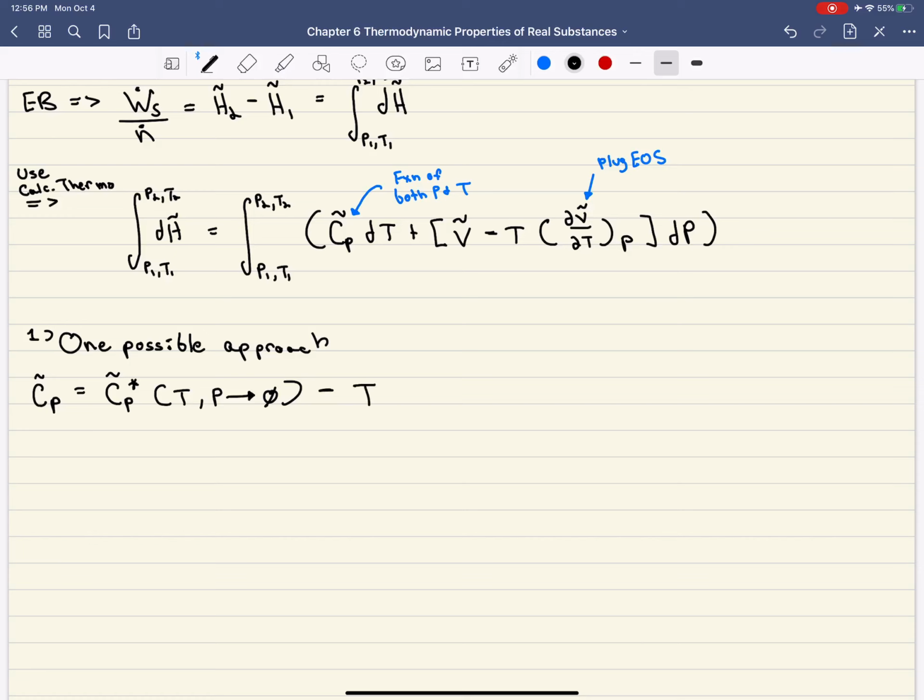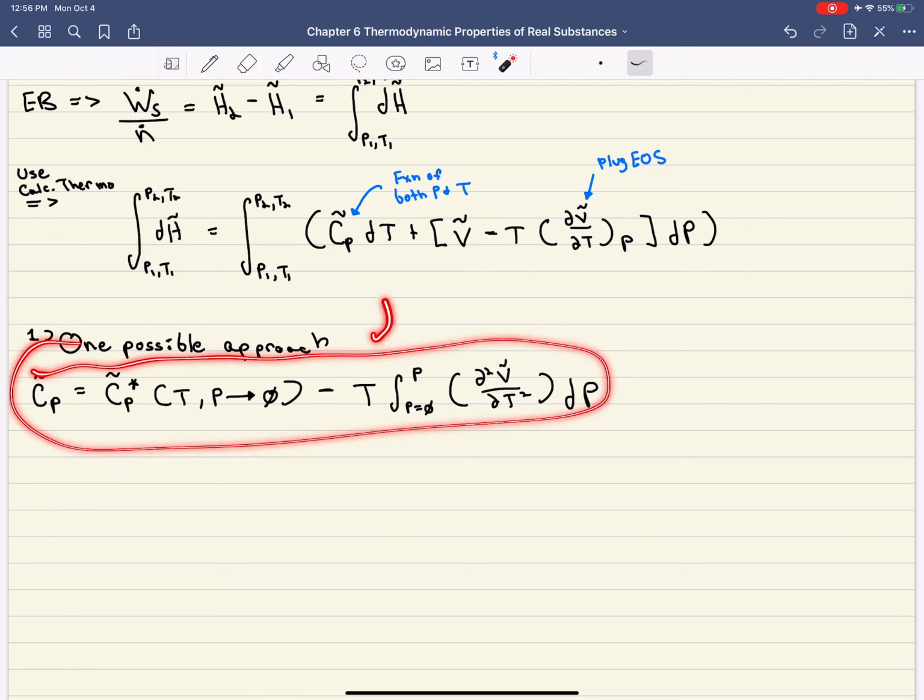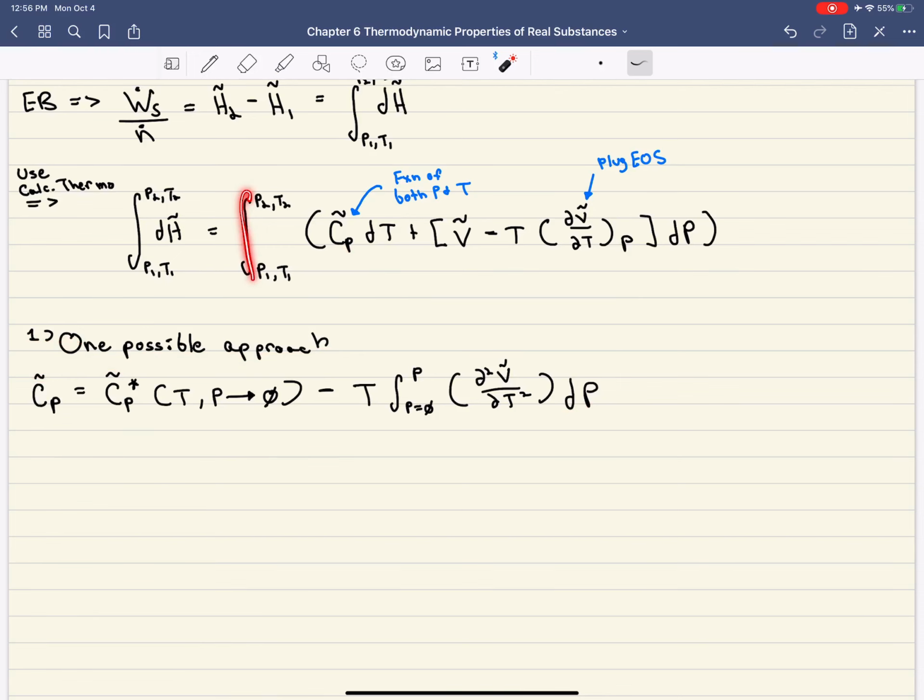The second term accounts for the effect of pressure. One can take this entire function, plug it in here, and then do the integral.